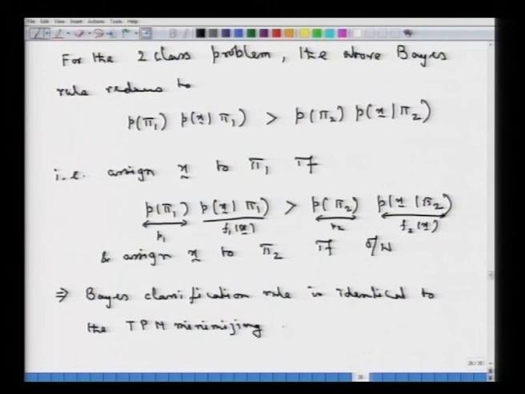This angle of looking at the total probability of misclassification minimizing rule being the same as the Bayes classification rule also gives a theoretical justification for such a rule.